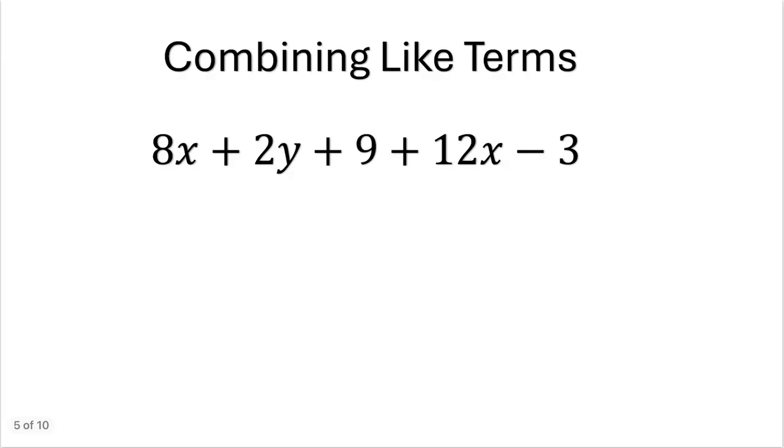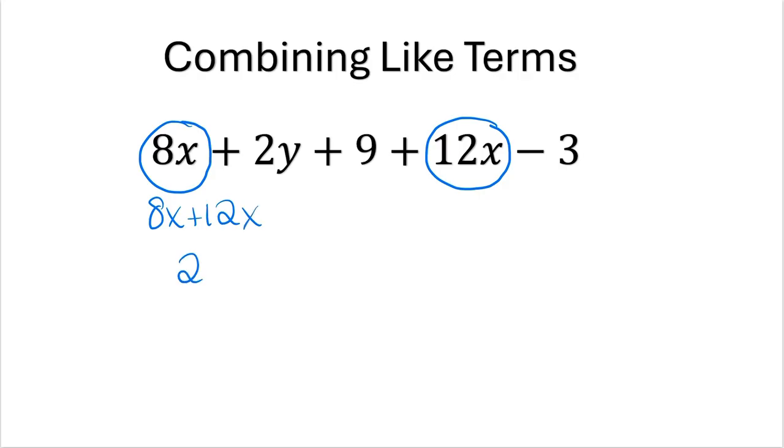So for example, let's try combining like terms in this expression. One thing that some people like to do is use different shapes for the like terms. I have 8x and I'm going to put a circle around 12x because that's the other x term. So I'm going to put together 8x plus 12x, which gives me 20x. Then I'm going to use a different shape for the y.